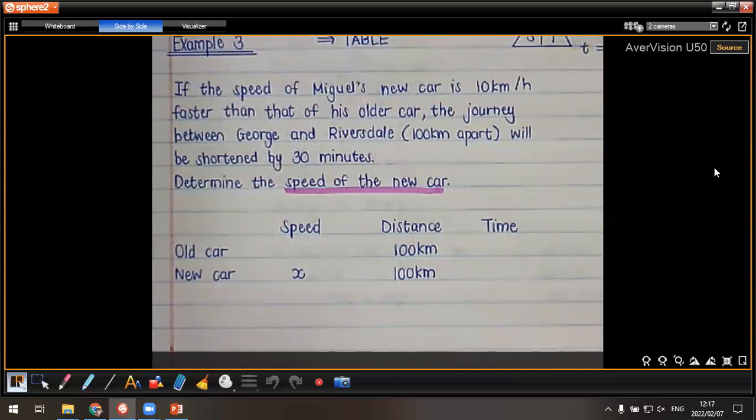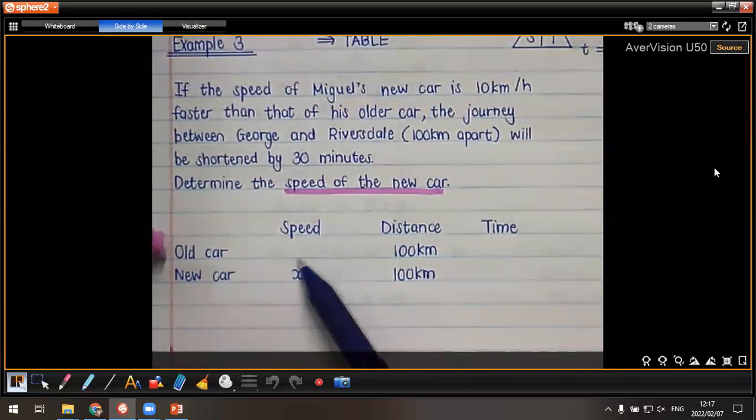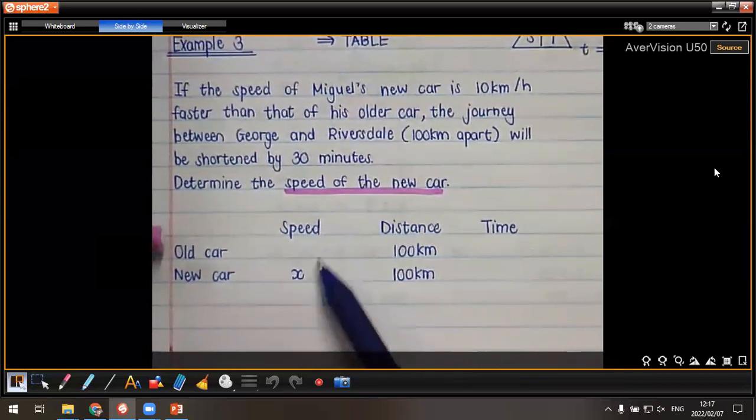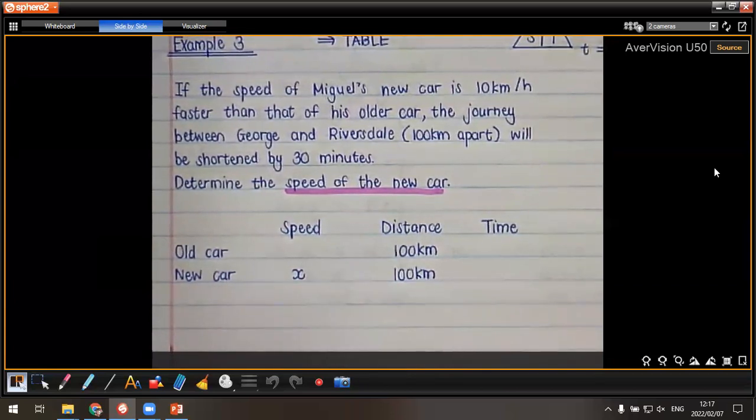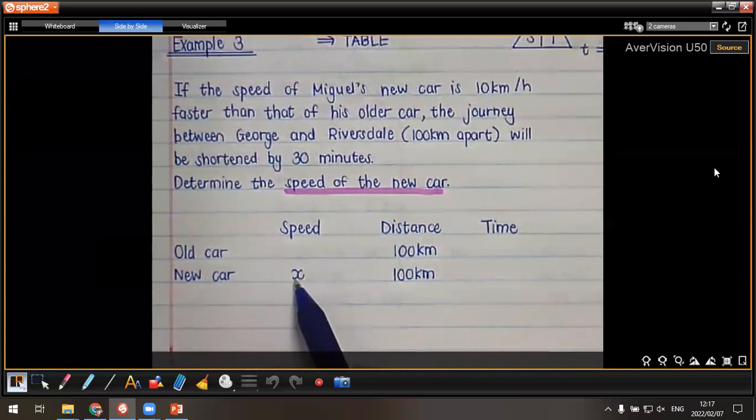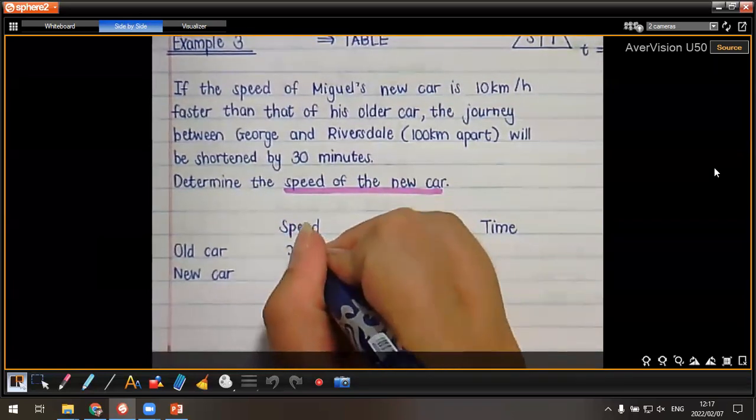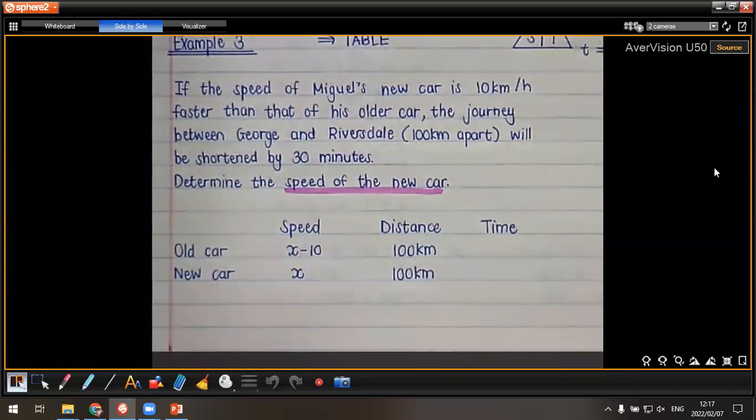I can say that the older car, because we need to write now the speed of the old car, right? We have the one for the new car. So if this one is x, the old car is 10 kilometers per hour slower than the new car. Does that make sense? So what is 10 slower than x? X minus 10. You look confused?